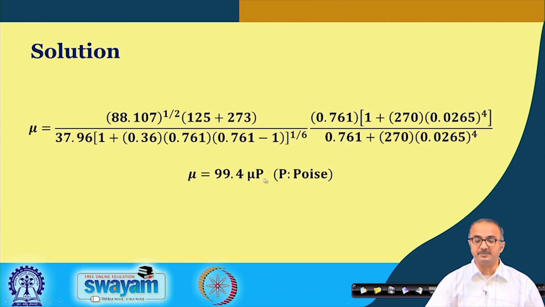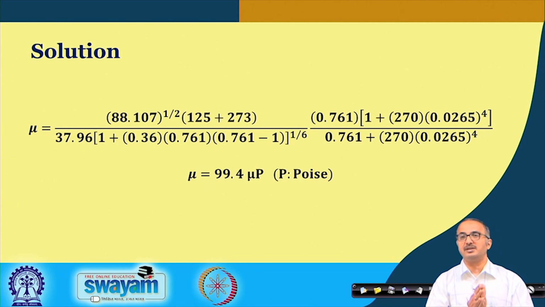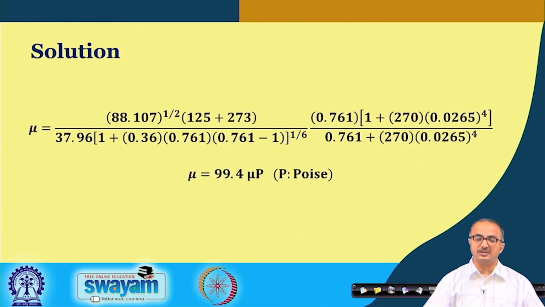Now what does P stand for? Poise. This poise is used as a unit for viscosity in honor of the great scientist Poiseuille. Perhaps you also know that there is something called Poiseuille flow which we are taught in fluid mechanics. So poise comes from the scientist's name.